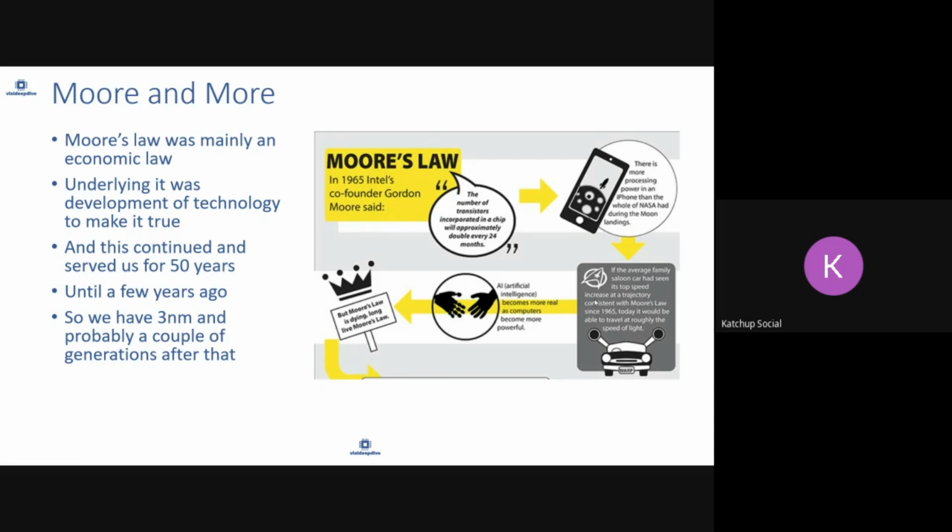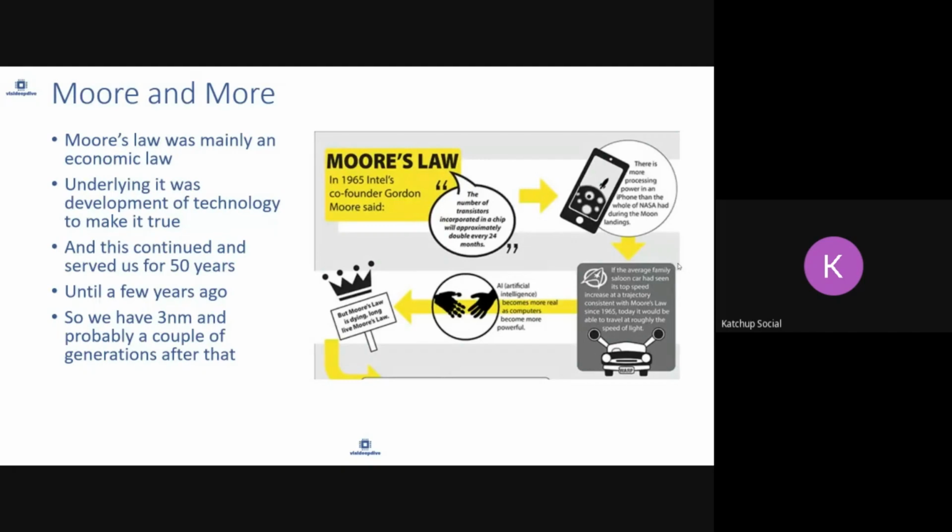We are now at a stage where we have 3 nanometer and maybe one or two generations after that. The number of transistors since 1965 has approximately doubled every 2 years, so there was more and more processing power. For example, it's a well-known folklore that the iPhone had more computing power than the NASA computers that went into the moon landings.